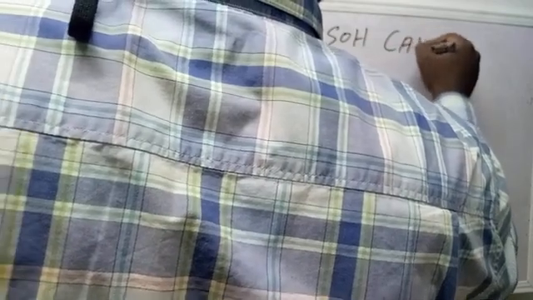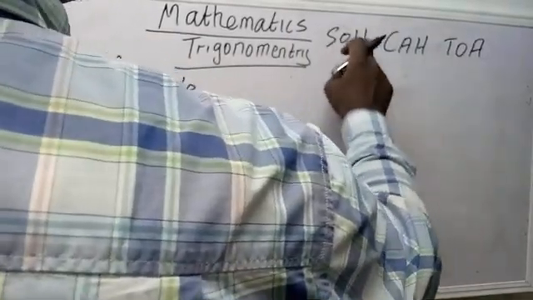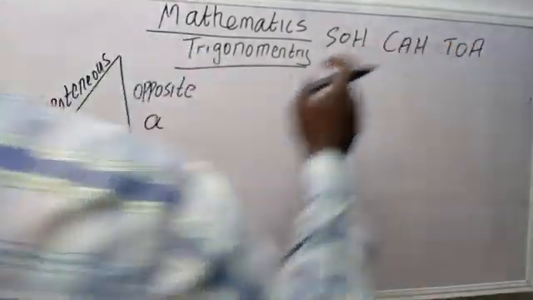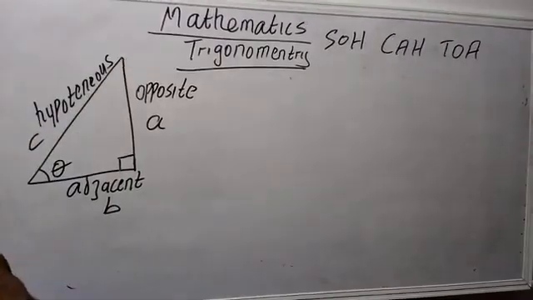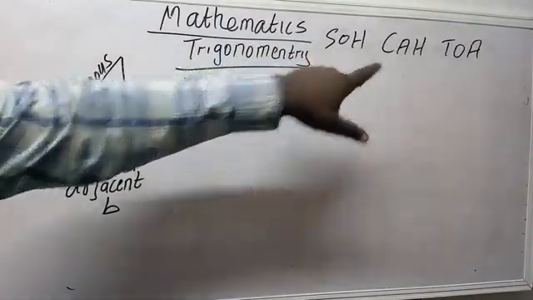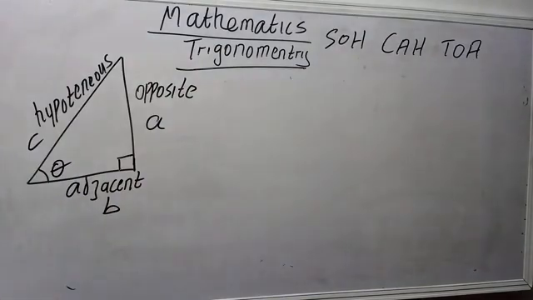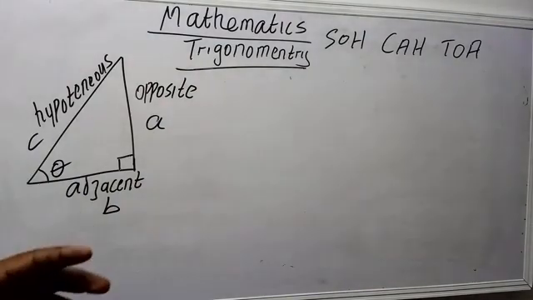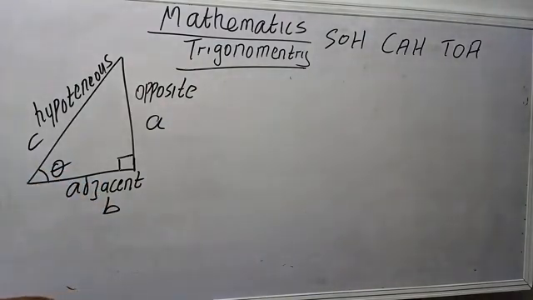SOH, CAH, TOA. SOH means opposite over hypotenuse. CAH means adjacent over hypotenuse. While TOA means opposite over adjacent.